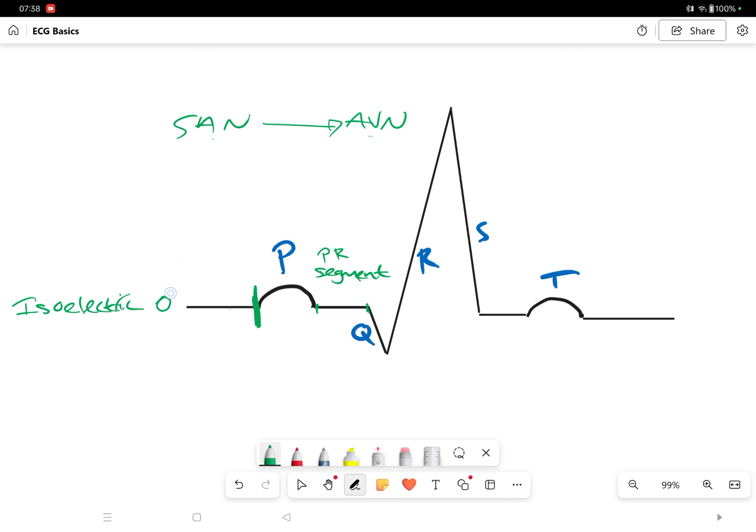The reason I bring this into play at this point is because any deflection that goes up above the line is deemed a positive deflection, and any deflection that occurs inferior to this line, below the line, is deemed a negative deflection.